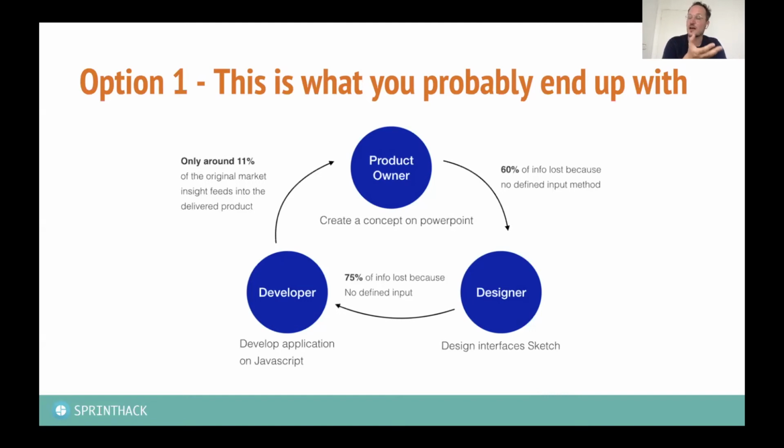And you end up having a product that only has about 10% of the original market inside. And this is the main reason why your product is taking longer, being more expensive to develop, and not meeting the quality standards that are set by the markets.